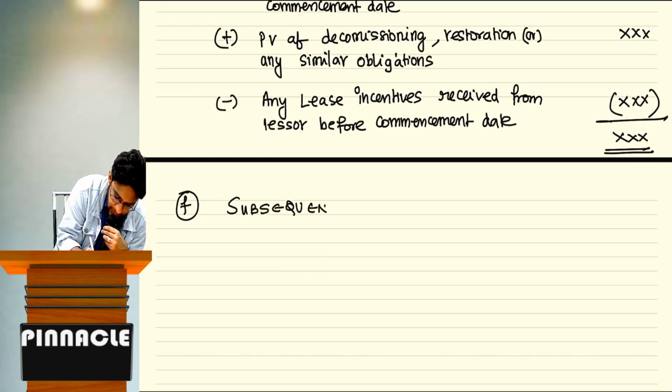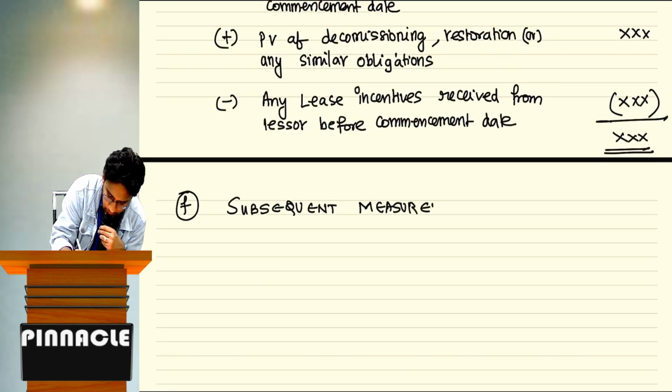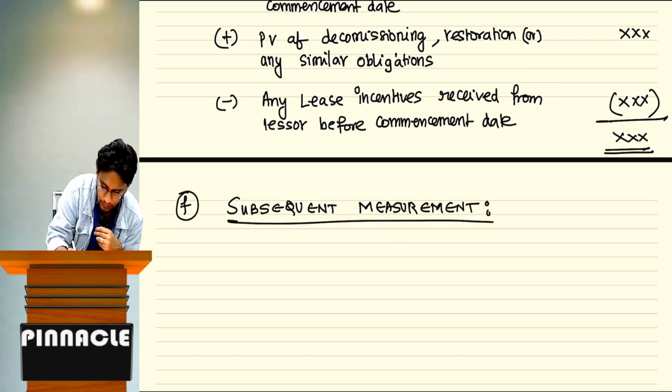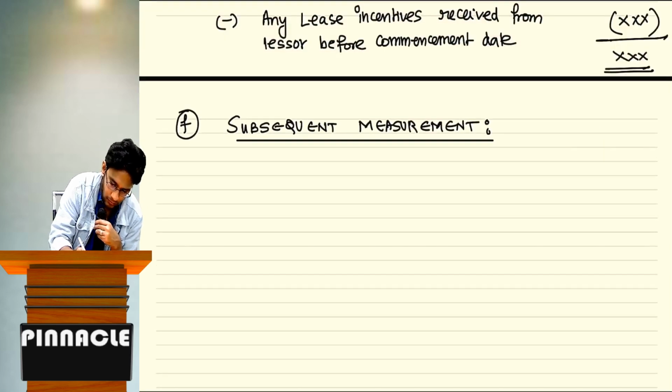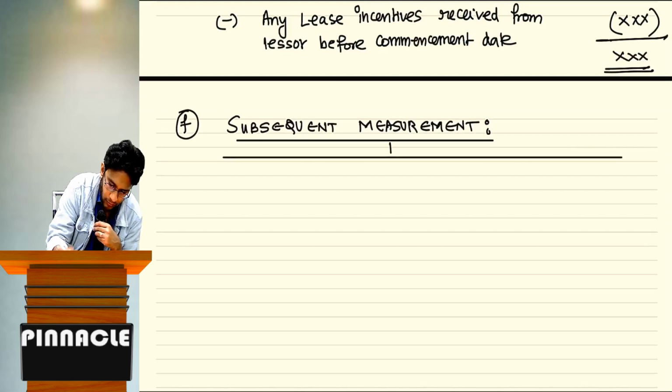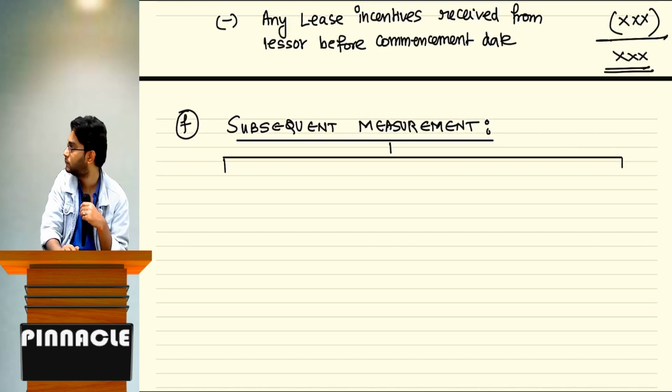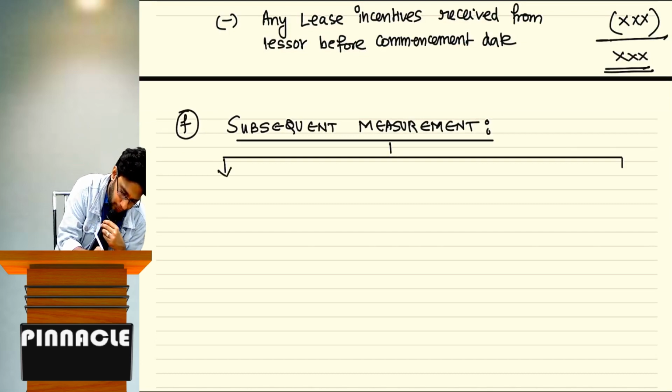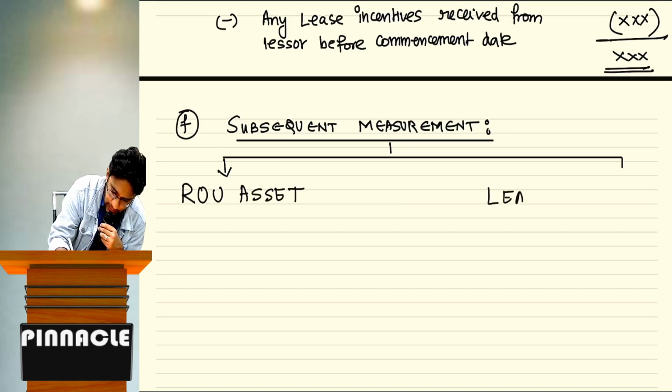Subsequent measurement. Okay, on the first day you recorded the ROU asset nicely, and you recorded the lease liability also. Subsequently, what is going to happen to them?